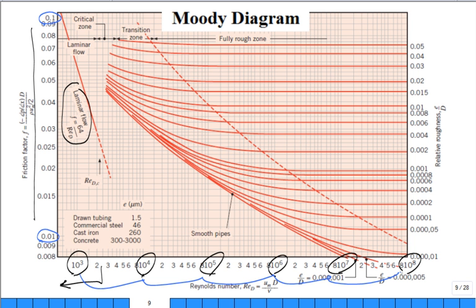Okay. So now that we have the range here, a lot of times somebody says, oh, I don't know what the friction factor should be close to. Well, if somebody gave you a friction factor and said it was 0.001, what do you think? Look for your error. It's not on the diagram.